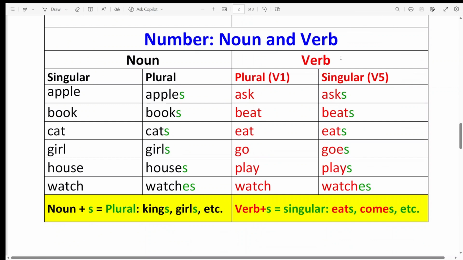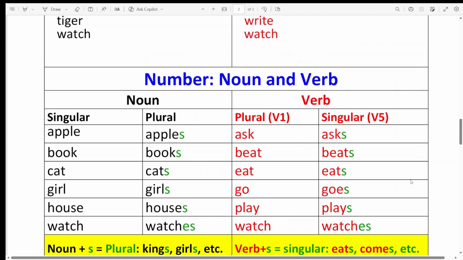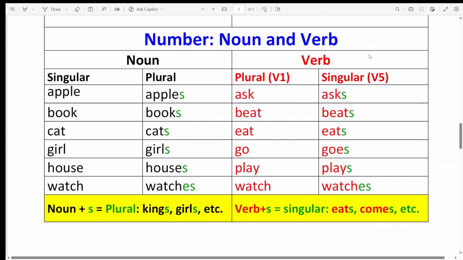So let you know here, you see at the bottom, noun plus s is plural, whereas verb plus s is singular. When you add s to nouns, they are plural, like apple is singular, apples plural, book singular, books plural, cat singular, cats plural.